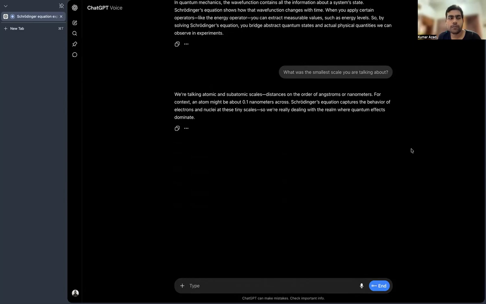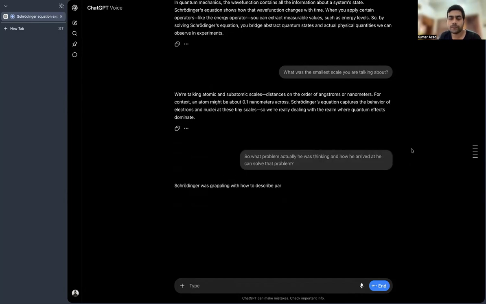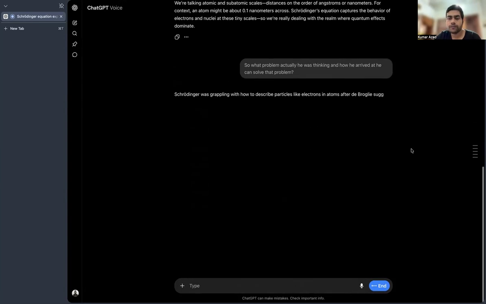So, what problem was he actually thinking about, and how did he arrive at a way to solve that problem? Schrödinger was grappling with how to describe particles like electrons in atoms after de Broglie suggested particles behave like waves.